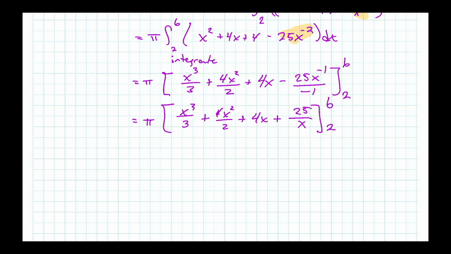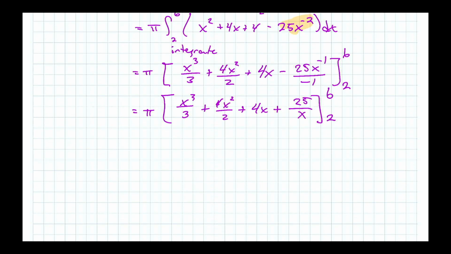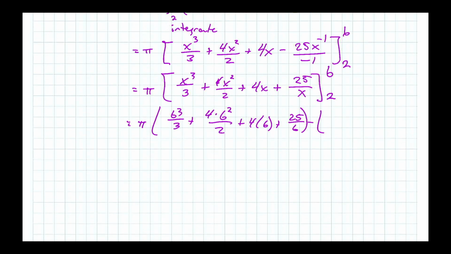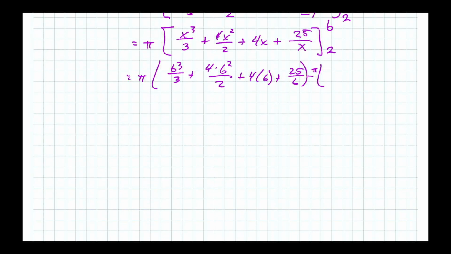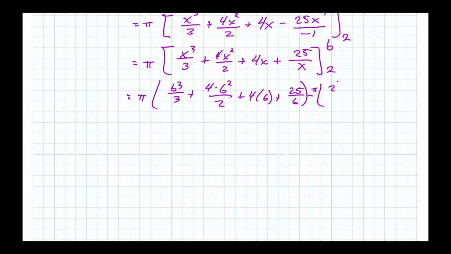And we're going from 2 to 6. So you have to plug a 6 in here. So you're going to get pi, 6 cubed over 3, 4 times 6 squared over 2, plus 4 times 6, plus 25 over 6, minus, and then you plug a 2 in. Oh, this has got a pi. 2 cubed over 3 plus 4 times 2 squared over 2 plus 4 times 2 plus 25 over 2.